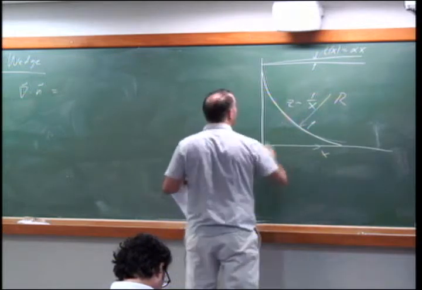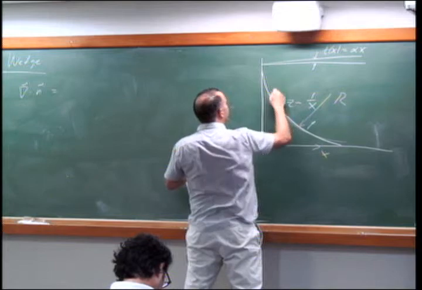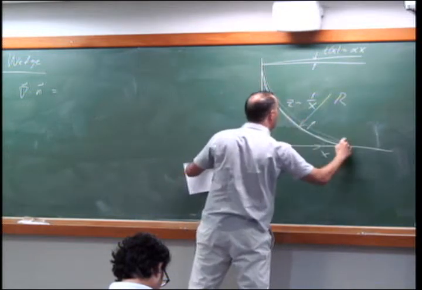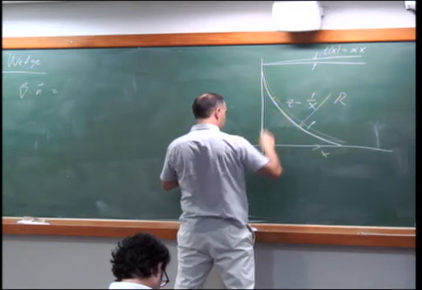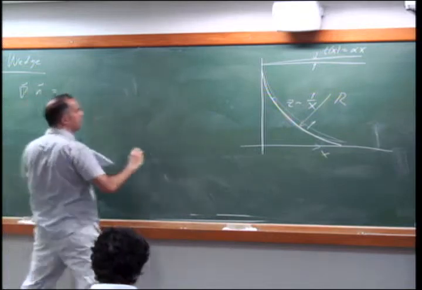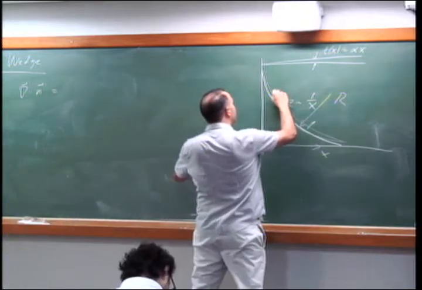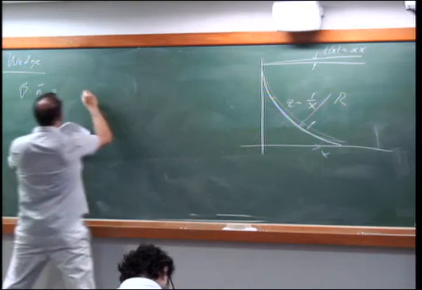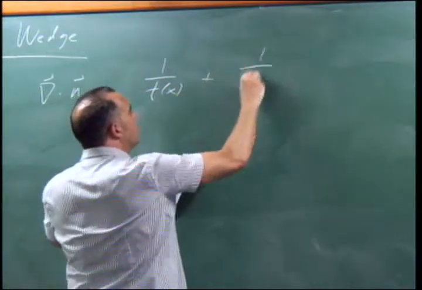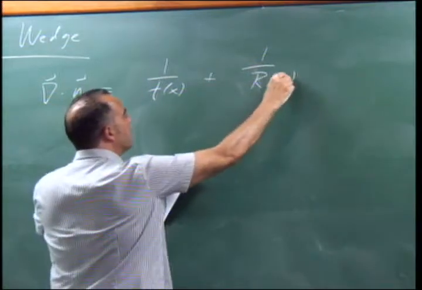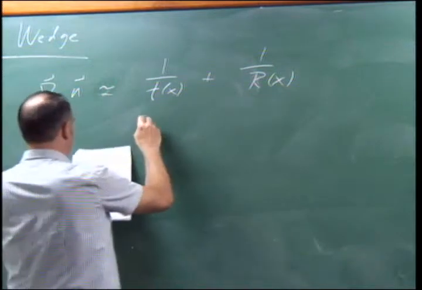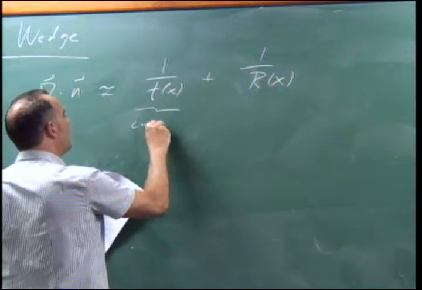and across here you're going to have a curvature which is basically going to go like 1 over t. So 1 over t of x plus 1 over R of x. So this is the curvature across the gap.